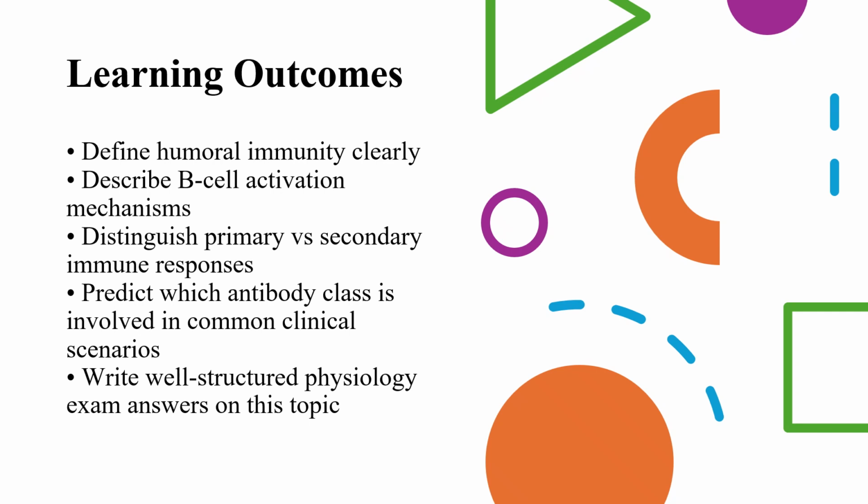Second, you'll be able to describe B cell activation mechanisms. You should be able to sketch it or describe it in a flowing narrative that mirrors physiological sequence. Third, you'll distinguish primary versus secondary immune responses. Understanding this difference is the key to interpreting vaccine behavior and booster schedules.